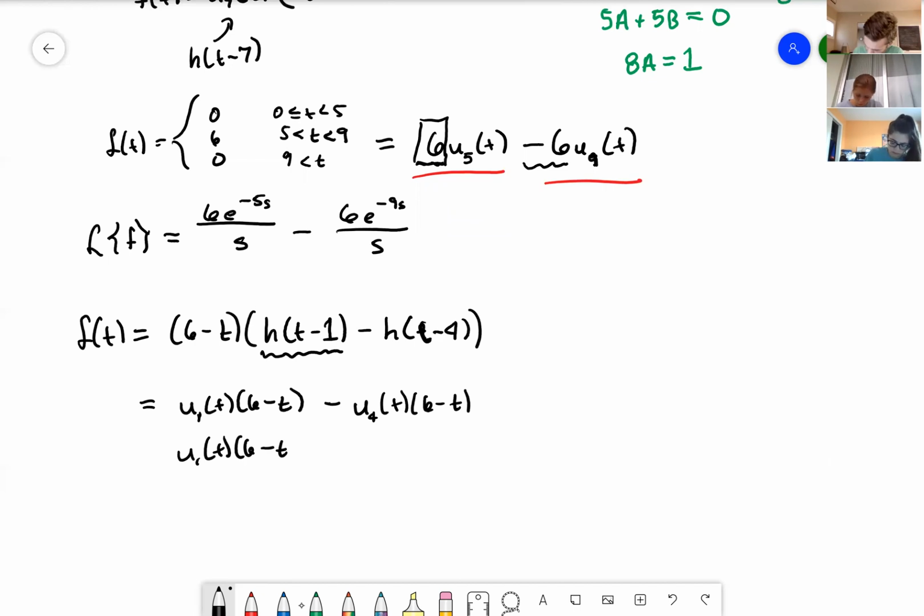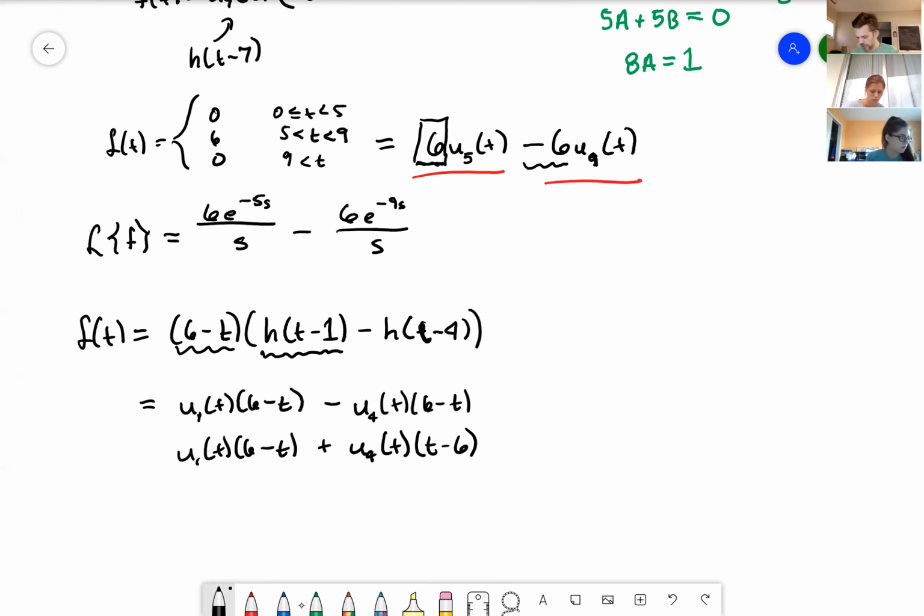So what we have is something that turns on the function 6 minus t at t equals 1, and then it turns off this function at t equals 4. And so what we end up with is something that suddenly drops to 0 and then stays at 0.